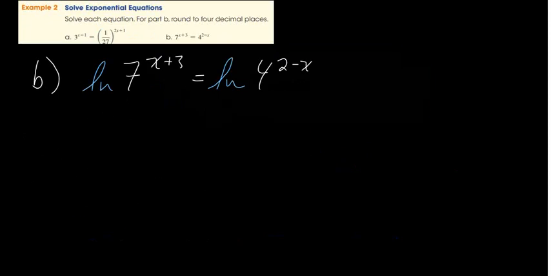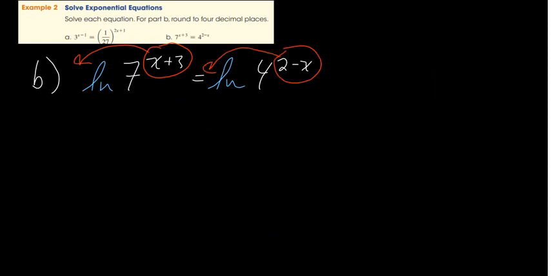Okay, so we're going to now use our power rule here. We're going to put this in front of the natural log. Same thing over here. But again, we're going to put it in parentheses. The parentheses is very, very important because otherwise, well, I'll show you again.